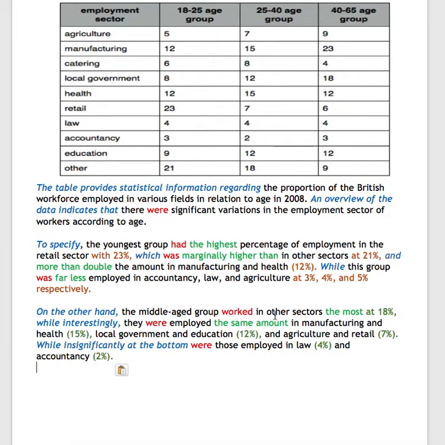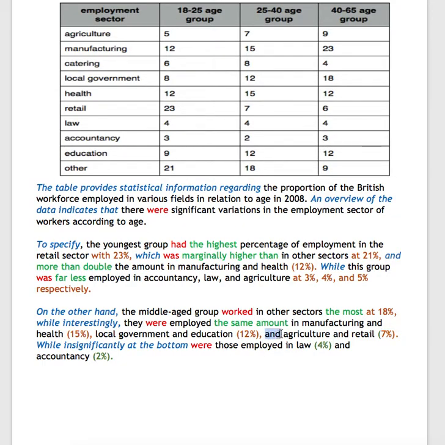Worked in other sectors the most at 18%. There we go, right here. While interestingly, they were employed the same amount in manufacturing and health, 15%. Local government education, 12%. And agriculture and retail.